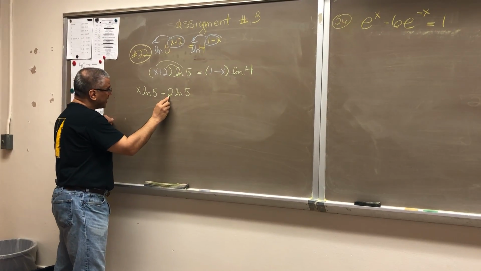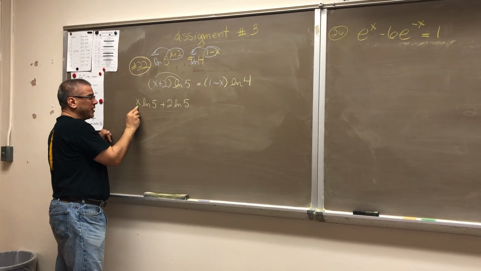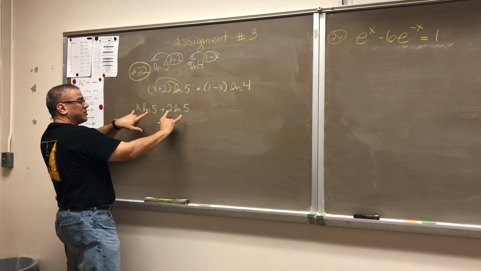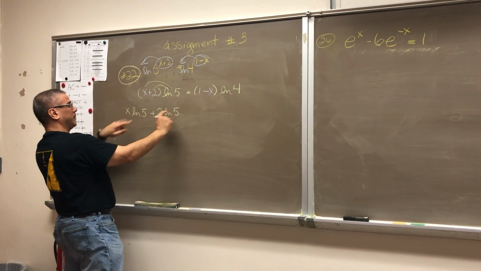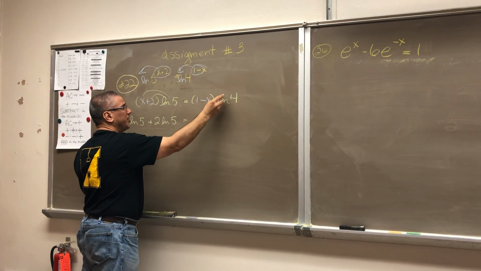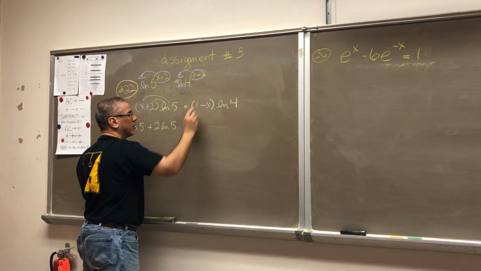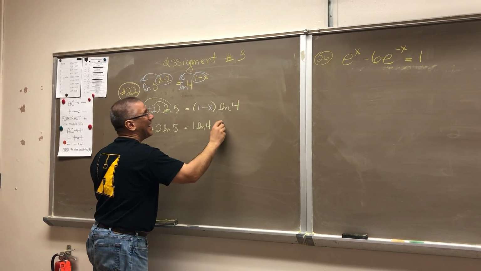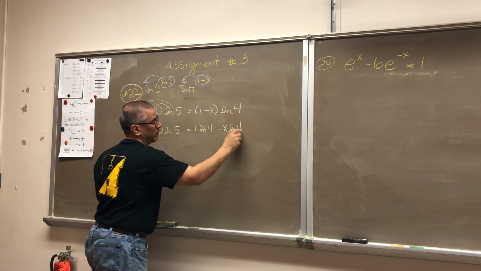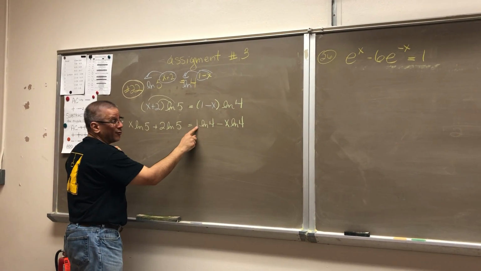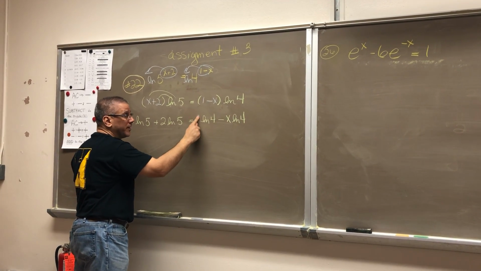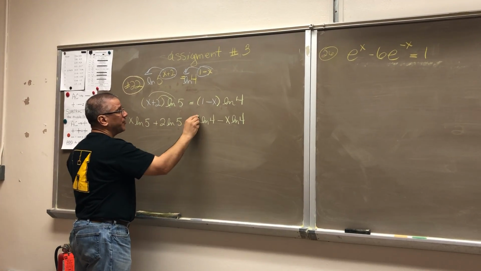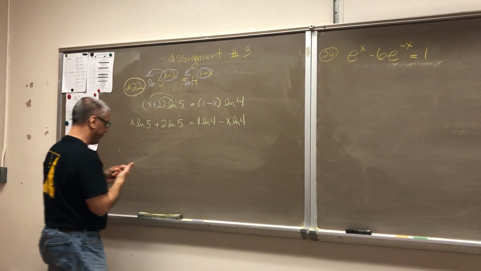So 2 is still the exponent, x is still the exponent, but we write it out in this fashion now. Equals, same thing over here. We're going to distribute the ln of 4. 1 ln of 4 minus x ln of 4. I don't need the 1 there, so when I rewrite it, we won't need it.